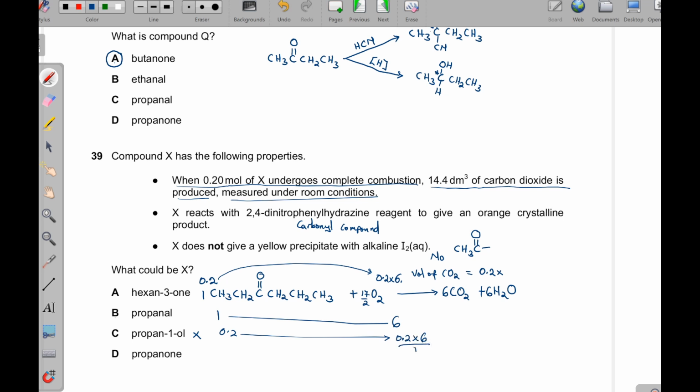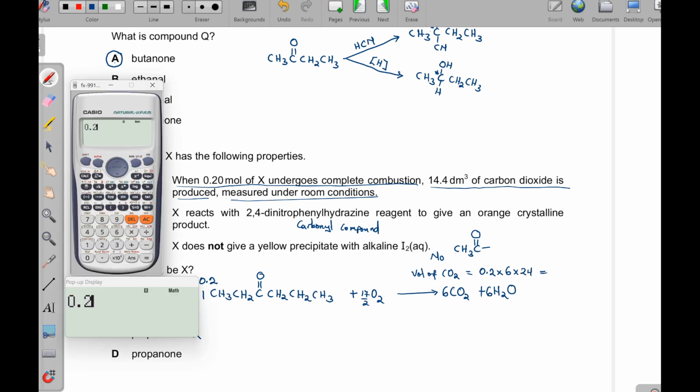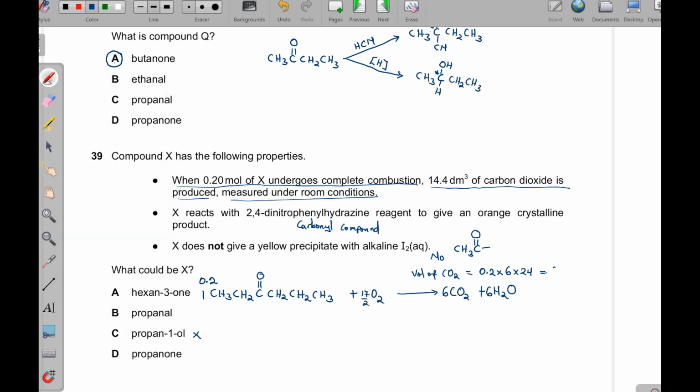If you want, you say divide by 1. As simple as that. Then we multiply by the volume of a gas under room conditions, which is 24. So we get 0.2 times 6 times 24, which gives us 28.8. So this one is off. Then we go to propanol.